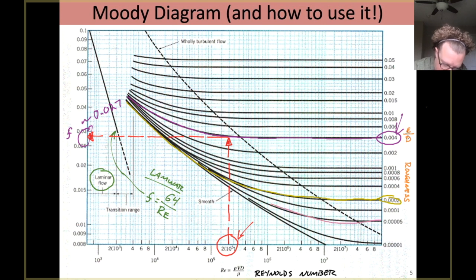If we trace another one in pink, they basically all start to collapse, and that's okay. If you find yourself in that collapsed region, you simply pick your Reynolds number, read up to the collapse, and then read to the horizontal. Now, if that seems a little confusing to you, don't worry. There are a series of 3 videos to solve problems using the Moody diagram to help get you comfortable with it.